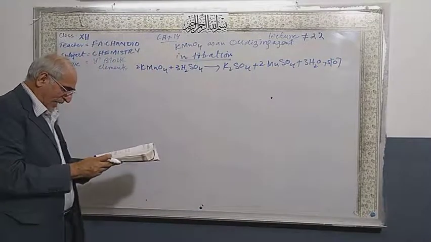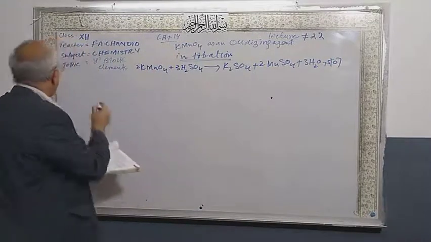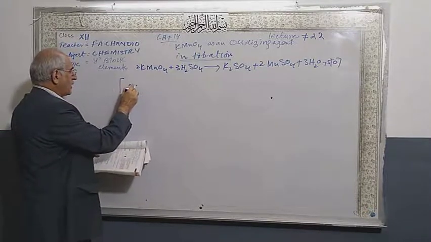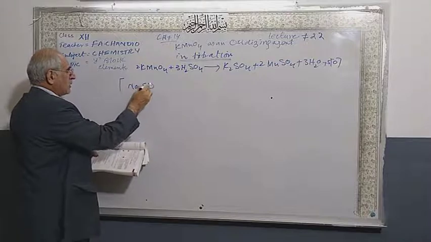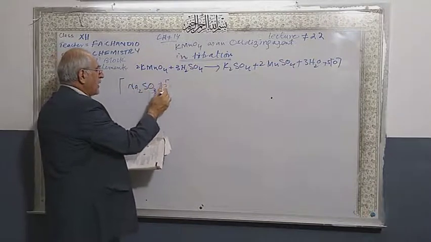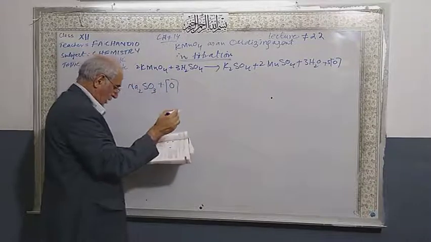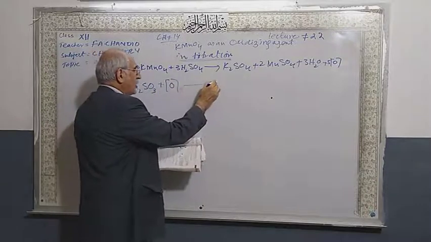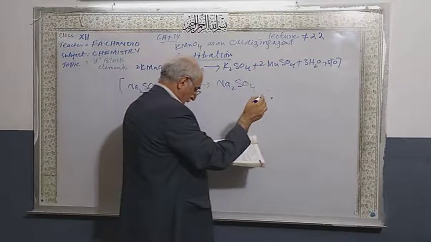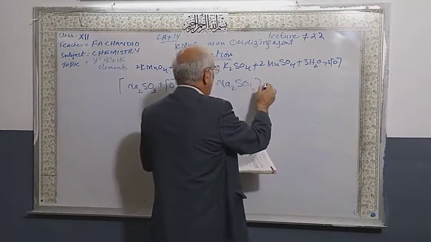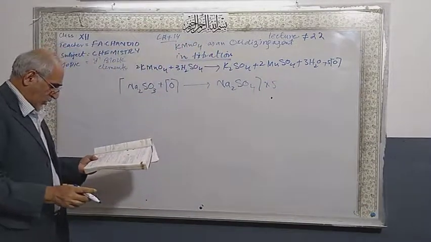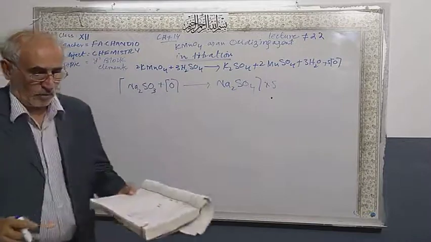So sulfite changes into sulfate. Sulfite means sodium sulfite. This sodium sulfite is going to be oxidized by nascent oxygen and changes into sodium sulfate, multiplied by 5. Sodium sulfate is going to be formed.